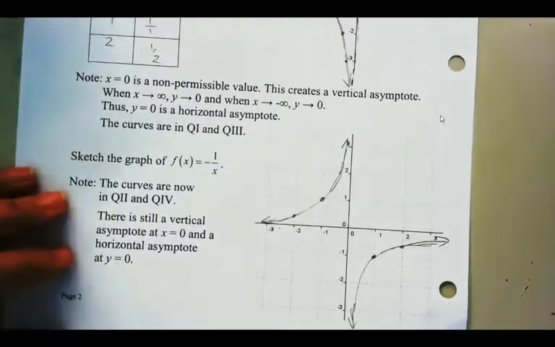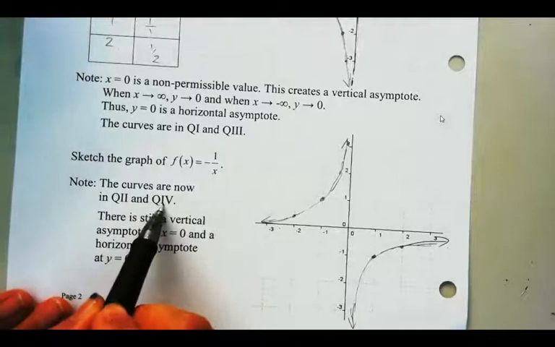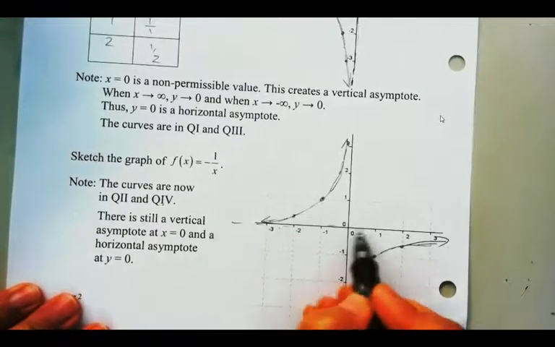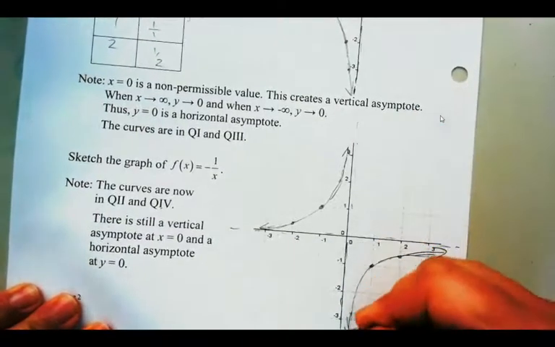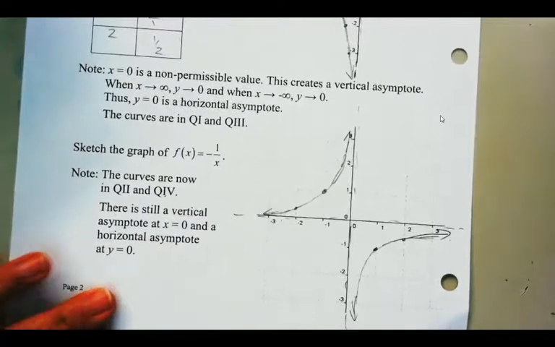Now, so the curves are now in quadrant 2 and quadrant 3. Quadrant 4. There's still a vertical asymptote, so you still have your asymptotes in the same place in the x and y axis. Okay? All right.